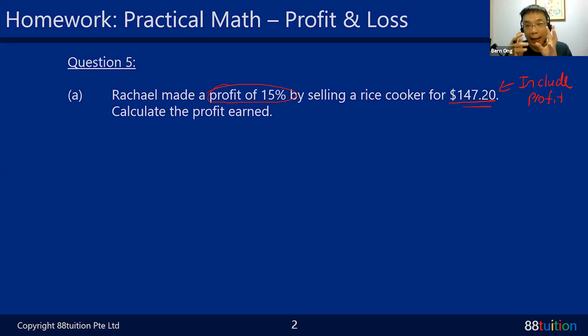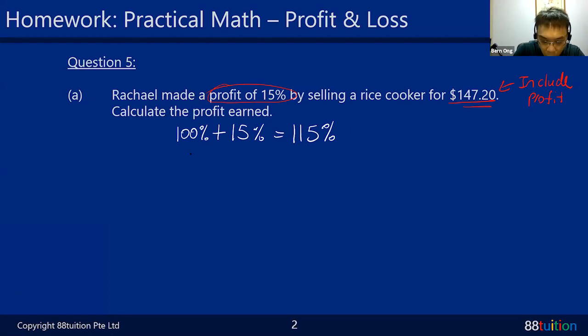So the actual price of the rice cooker is 100%. If there's a profit being made, you must immediately write out that 100% is the actual price of the rice cooker. There's a profit of 15%, which means you're selling the rice cooker at 115%.